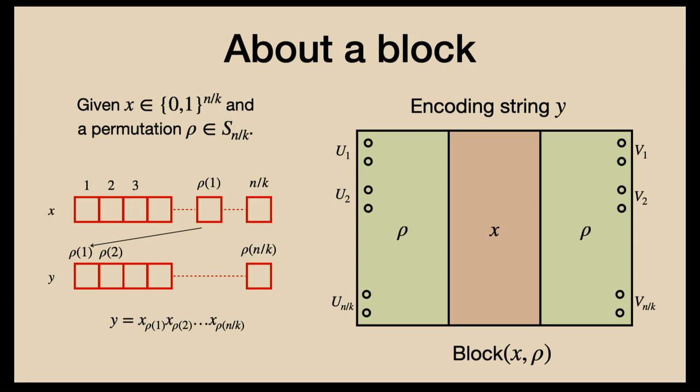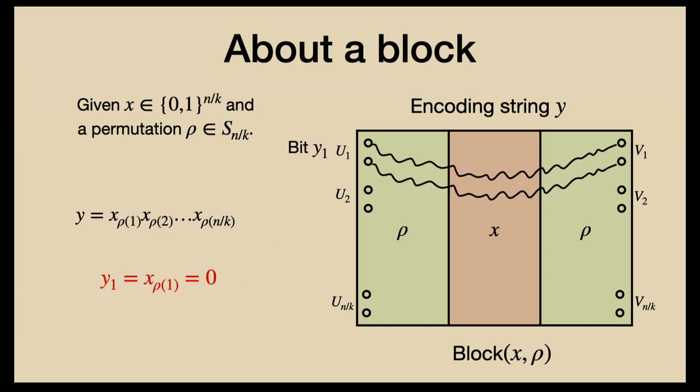That's it. And what I want out of this gadget for this permutation is that the path connections between the left and right groups of vertices are going to encode y. So let's go a little bit slowly here. If this first bit of y, which is the permuted string, was 0, this first vertex in the first group is going to be connected directly to its counterpart on the right.